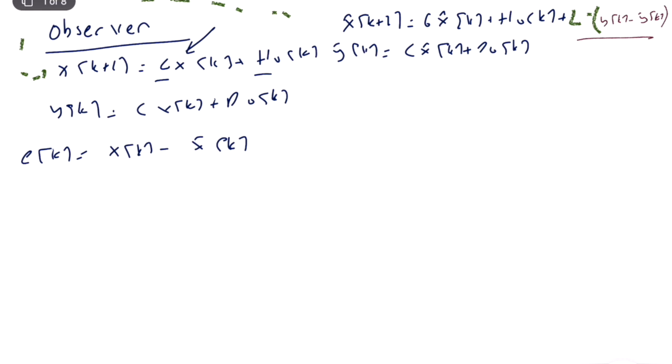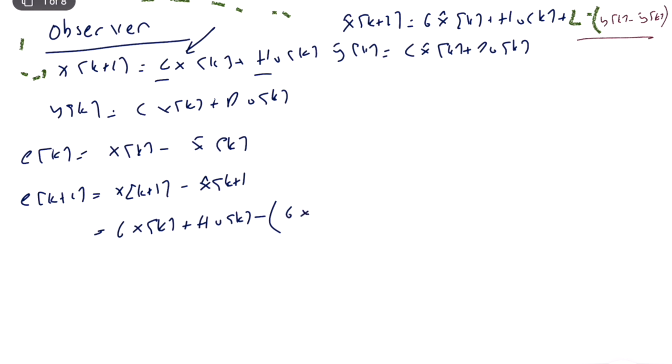Okay, this is our new state, and I can compute e of k plus 1, which is equal to x of k plus 1 minus x hat of k plus 1. What is x of k plus 1? It is very simple: G times x of k plus H times u of k, minus G times x hat of k, minus H times u of k, minus L times (y minus y hat).